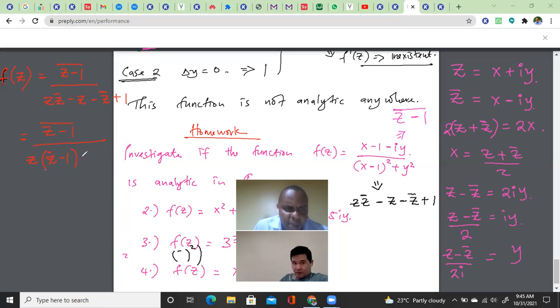And then we can take minus 1 out, and we are going to have z bar minus 1. So the denominator is (z − 1)(z bar − 1) over the numerator z bar minus 1. The z bar minus 1 factors cancel out, so our function has been reduced to 1 over z minus 1.